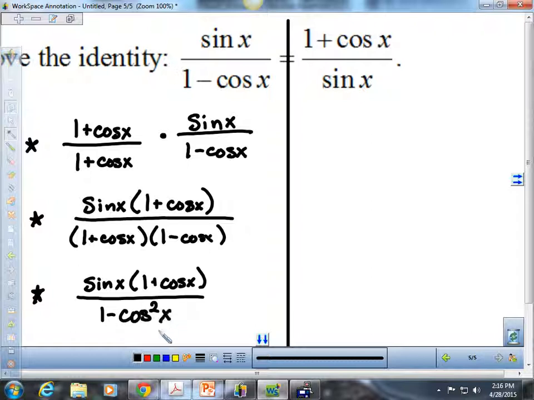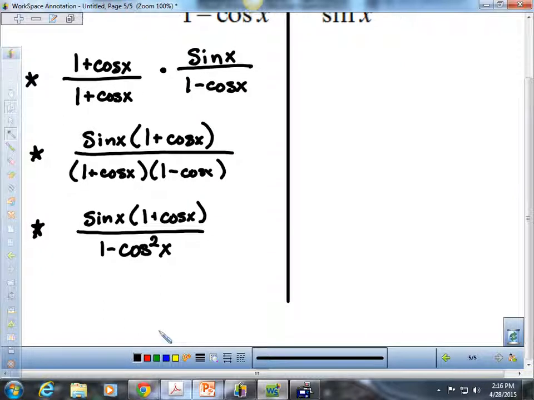What happened to the inner and the outer terms? They canceled out. There's a red flag blaring out at me right now. Possible Pythagorean identity, right? Why is there a potential Pythagorean identity here? 1 plus or minus a trig function squared. And what is 1 minus cosine squared? That's sine squared.